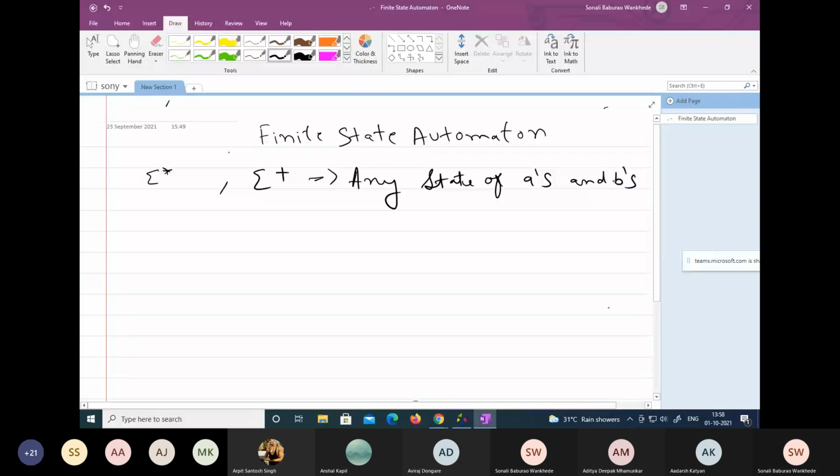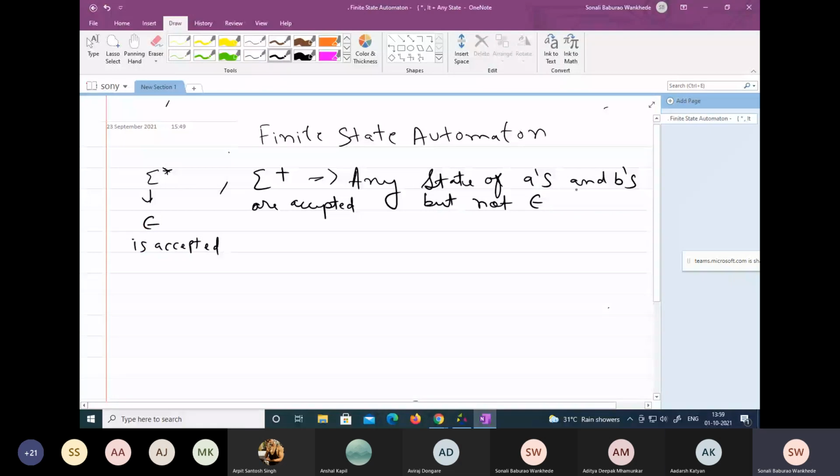What's the difference between sigma star and sigma plus? In sigma star, epsilon is accepted, but in sigma plus, any combination of A's and B's will be accepted, but epsilon is not accepted.